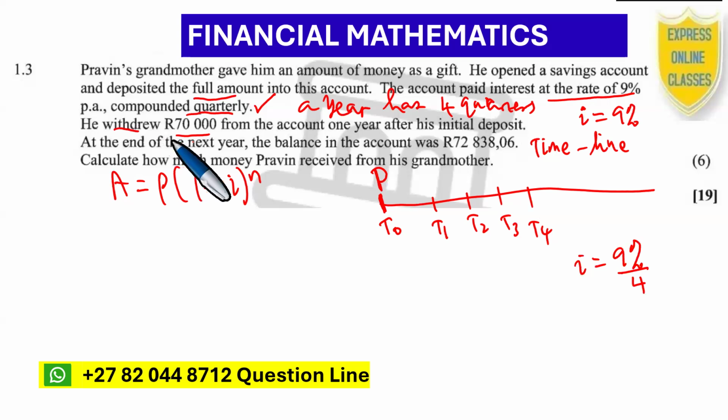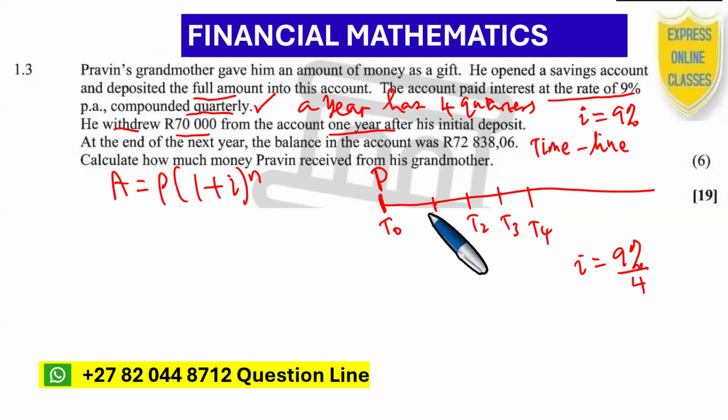He withdrew 70,000 rand from the account 1 year after his initial deposit. So 1 year after his initial deposit means that he's going to count first quarter, second quarter, third quarter. The first quarter is January, February, March.